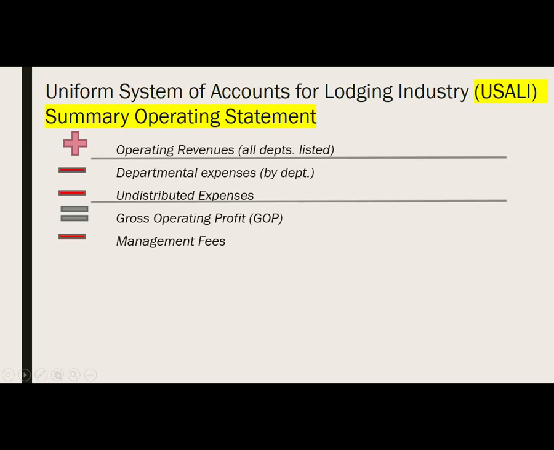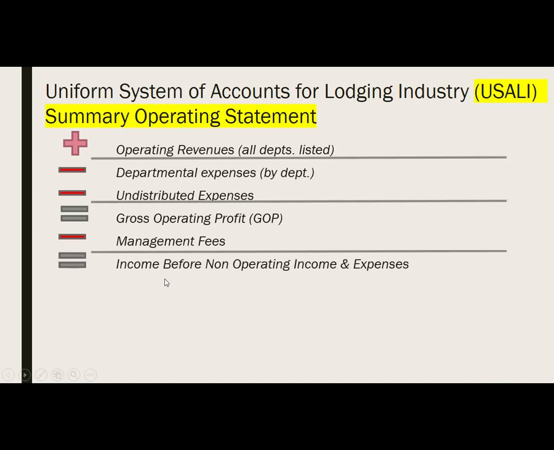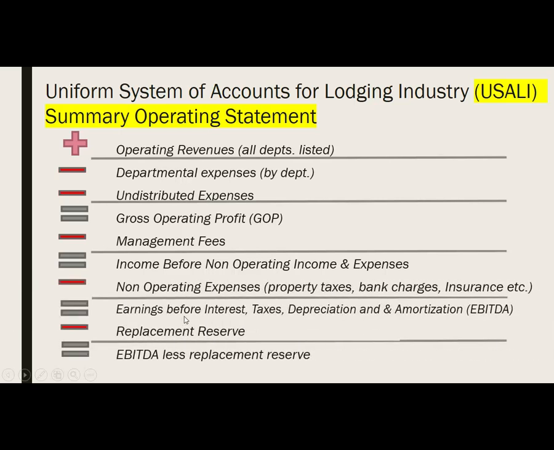Then we would take away our management fees, so any fees that you owe for management contracts or anything like that. That would give you your income before non-operating income and expenses. We would then take our non-operating expenses, so property taxes, depreciation, insurance, and so on. These have nothing to do with your operations. You just have to pay these things.